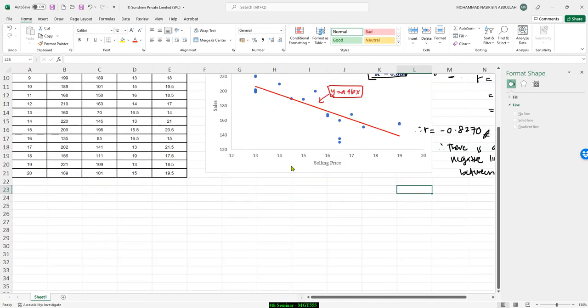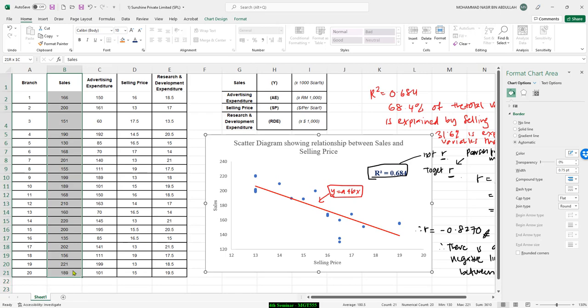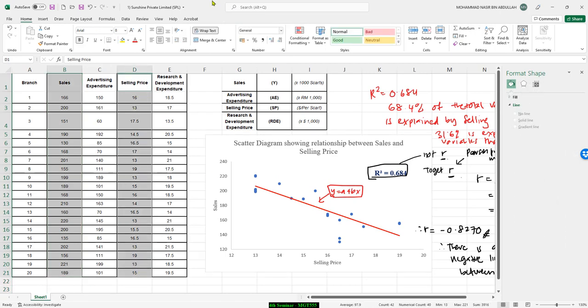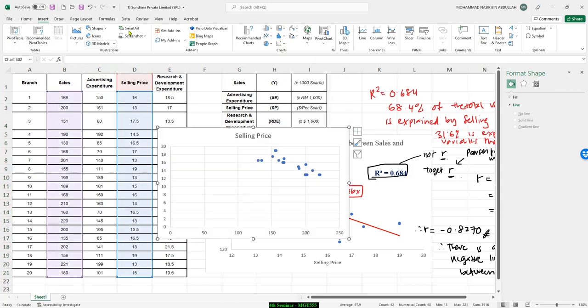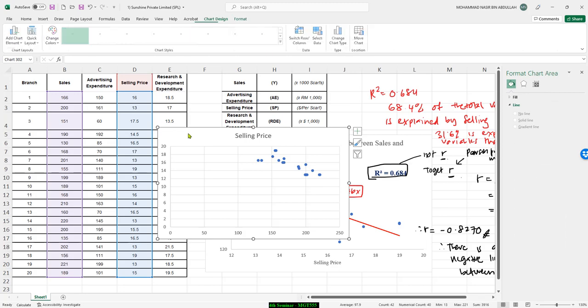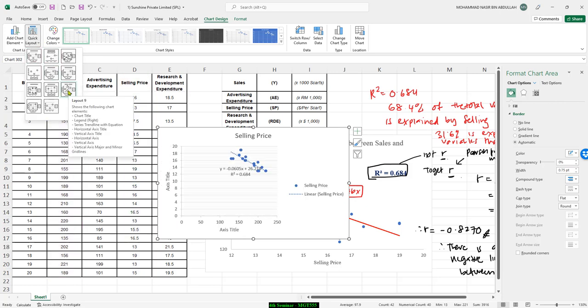Maybe we change the trend line a little. Let's say I select these two columns, right? I go to insert and click on scatter diagram. Sorry, here, when I select this, we see chart design, we go to quick layout, and we take layout number 9.